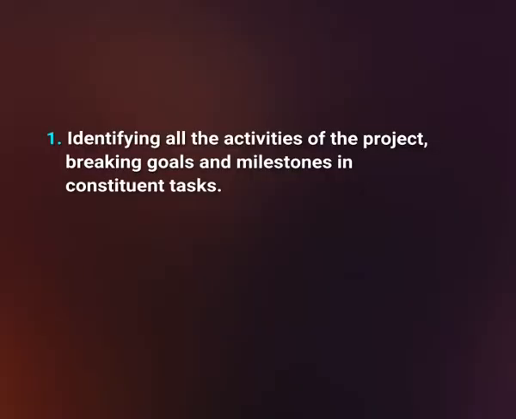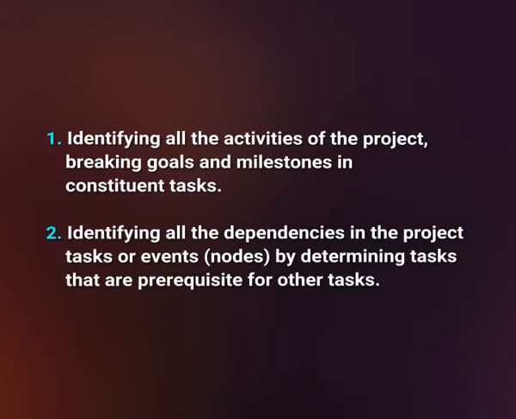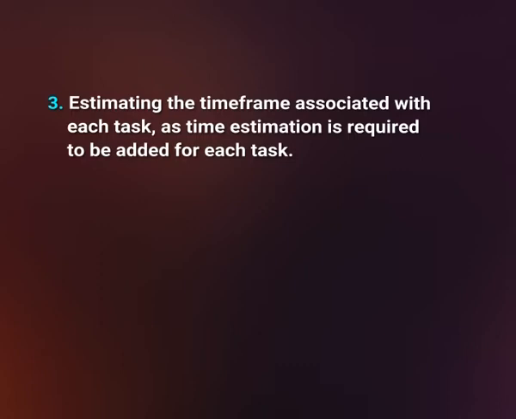The following steps are included in creating a PERT chart in project management. Number 1, identifying all the activities of the project, breaking goals and milestones into constituent tasks. Number 2, identifying all the dependencies in the project tasks or events, that is nodes, by determining tasks that are prerequisites for other tasks. Number 3, estimating the time frame associated with each task, as time estimation is required to be added for each task.